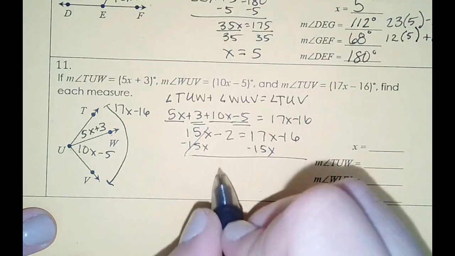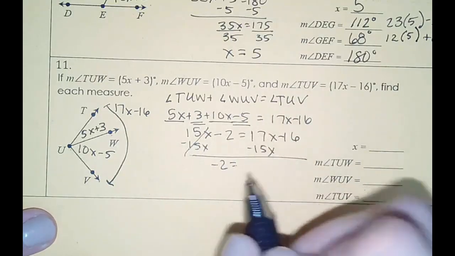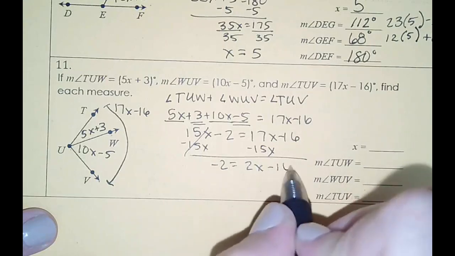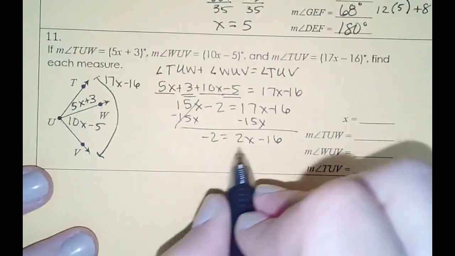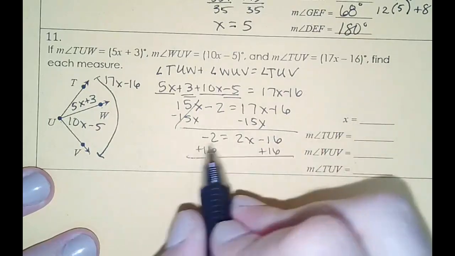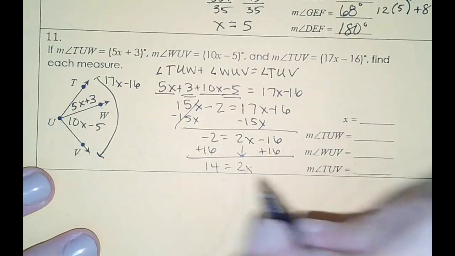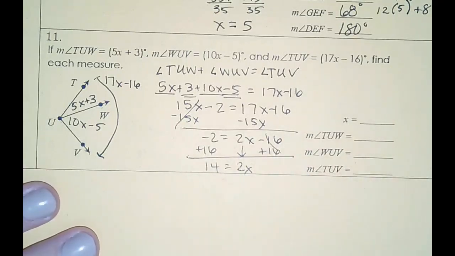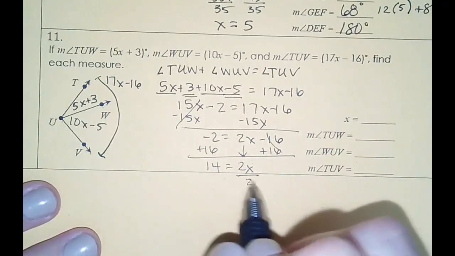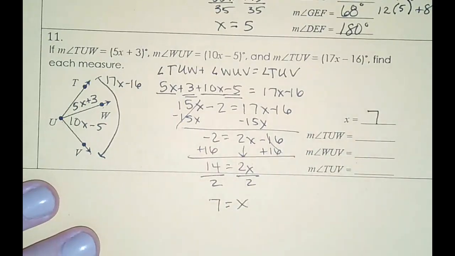Trying to get x alone, so add 16 on both sides. Negative 2 plus 16 is 14 equals 2x. These 16s cancel. One more step to get x alone, divide both sides by 2. So x equals 7. Plugging it in, TUW, that is 5 times 7 plus 3. So 35 plus 3 is 38 degrees.